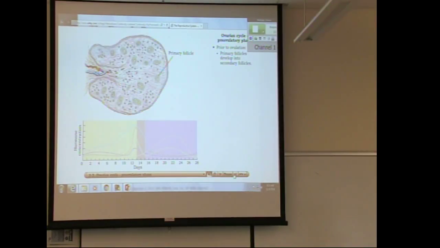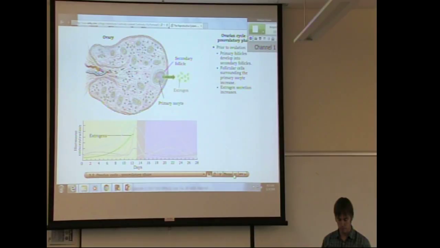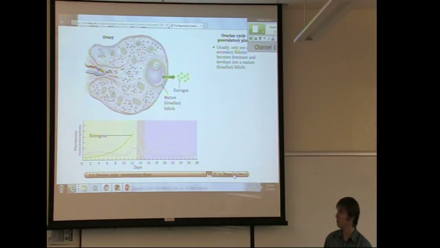Prior to ovulation, primary follicles develop into secondary follicles. The number of follicular cells surrounding the primary oocyte increases. Estrogen secretions increase as well. During the pre-ovulatory phase, one of the secondary follicles develops into a single dominant, mature, or Graafian follicle.